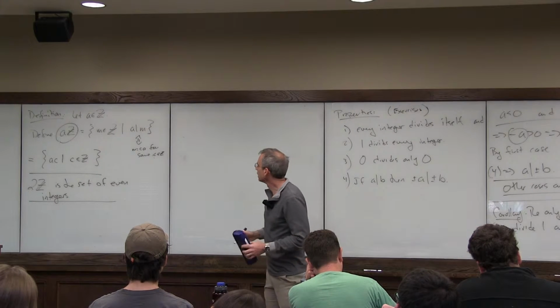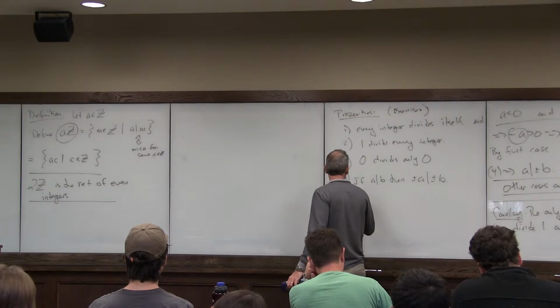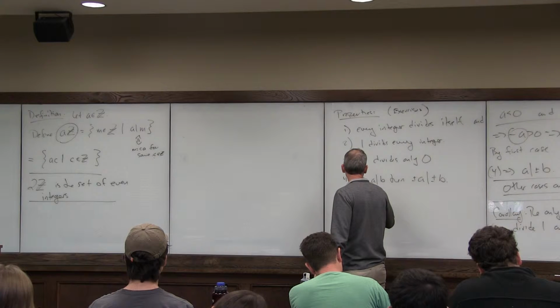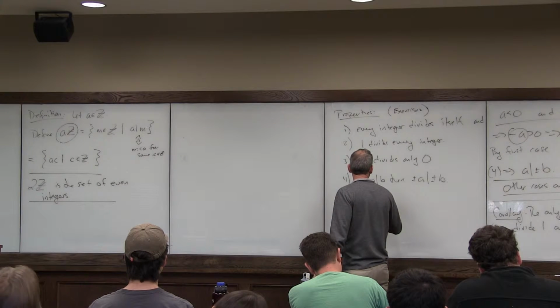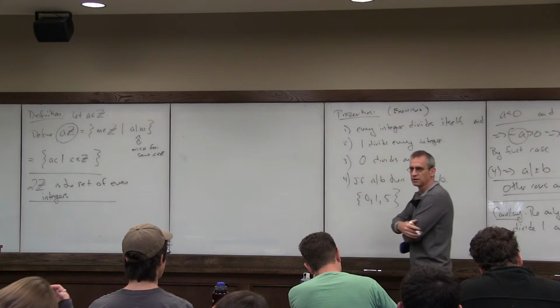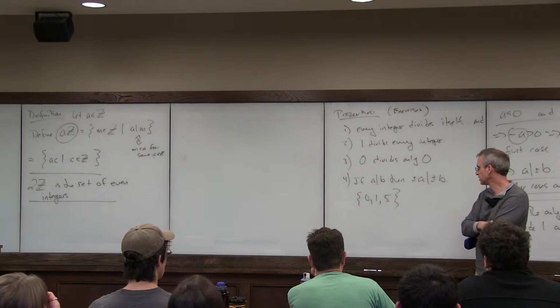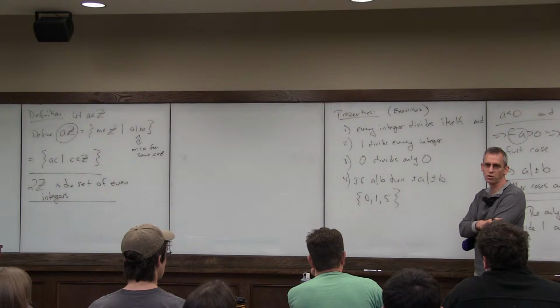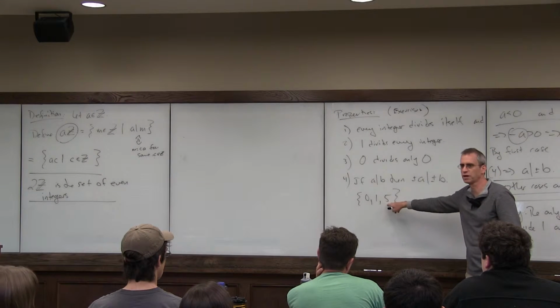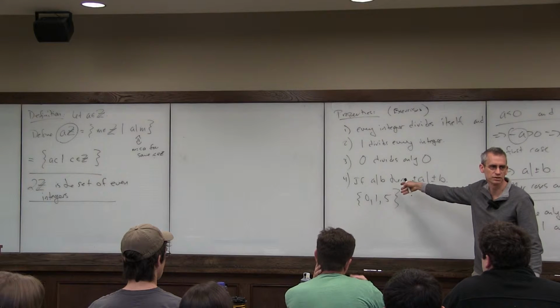So for example, if you just took the set consisting of 0, 1, and 5, that's not closed under addition or multiplication, right? You have to go outside the set when you multiply 5 by itself or add 5 to itself.